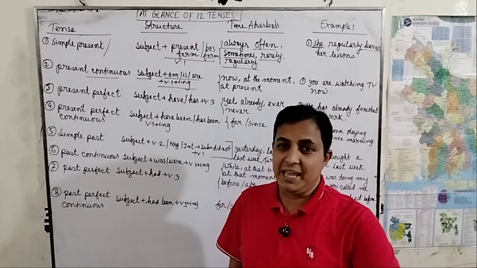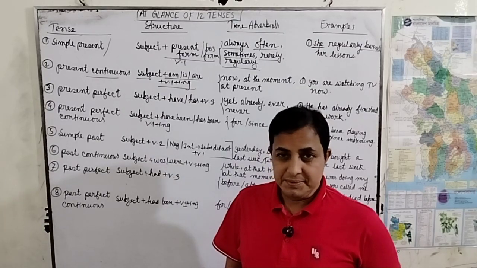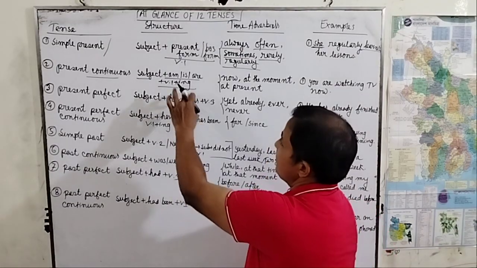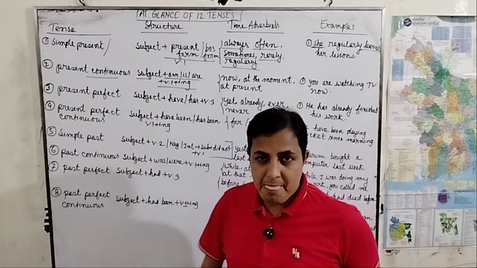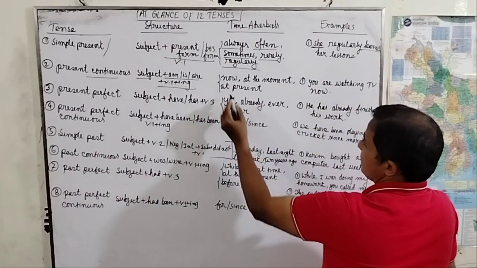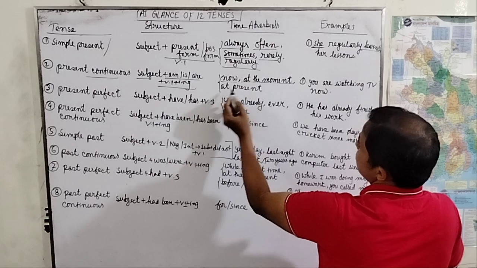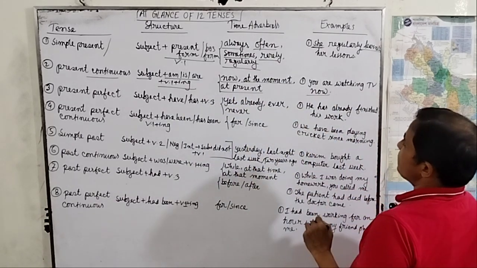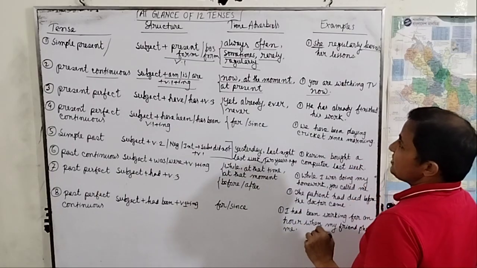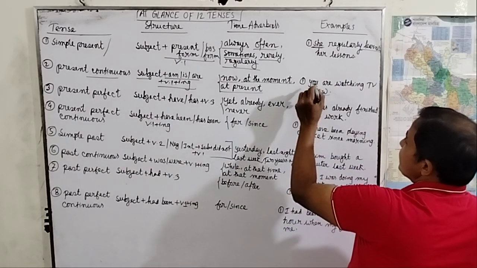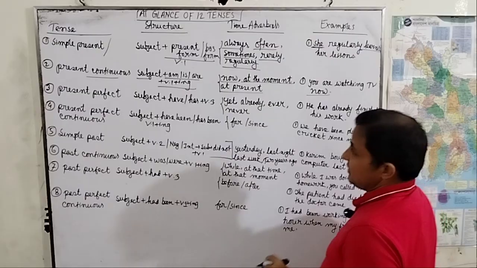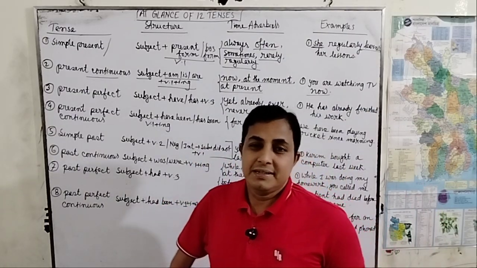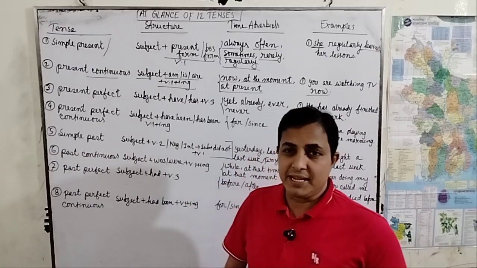Especially I takes am, plural subject takes are, singular subject takes is. And adverbials: now, at the moment, at present. You are watching TV now. I am watching TV now. He is watching TV now. Understand? I have already told you three sentences.